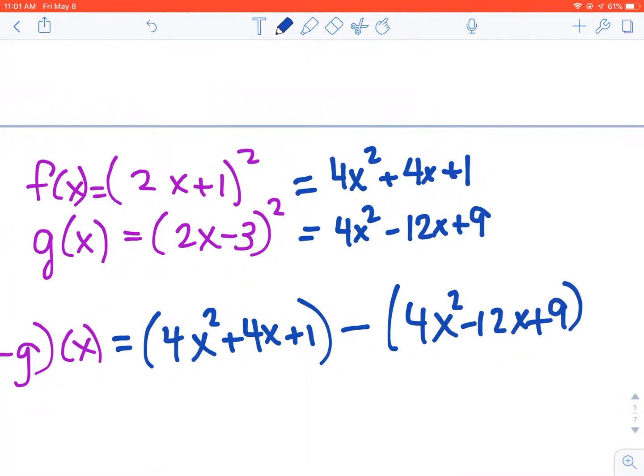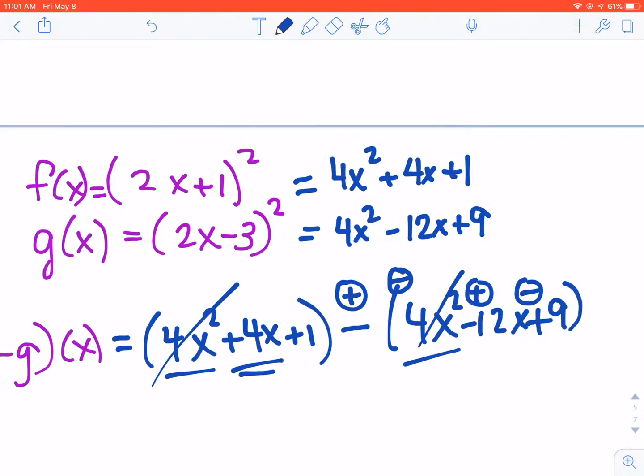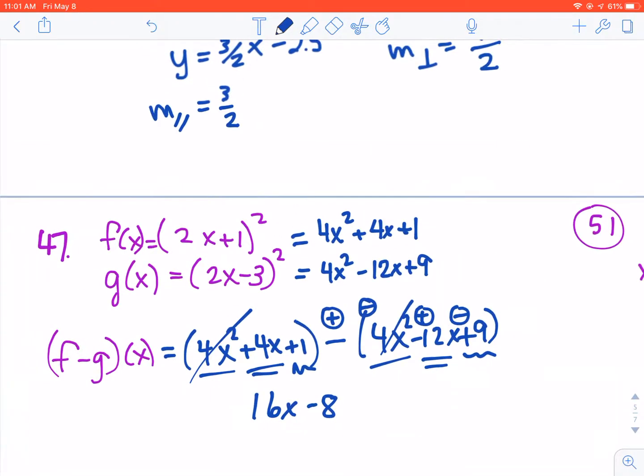I like to do that so I can change my signs, plus, minus, because I'm subtracting. So now the 4x squareds cancel out. Positive 4x and positive 12x makes 16x. Positive 1, negative 9 makes minus 8. So 16x minus 8. So be careful with subtracting. Make sure you change the signs.